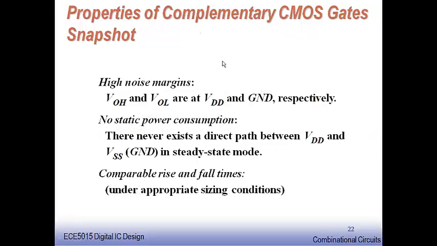The properties of complementary CMOS gates as a snapshot: very high noise margins with a very good logic 1 level and logic 0 level, and no static power consumption. We assume ideal devices with no static current leakages, and assuming once again that only PMOS devices conduct at a time or only NMOS devices conduct at a time, we are not going to have any short circuit or rail to rail current flowing in any steady state mode.